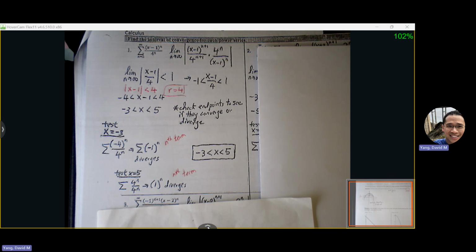Both -3 and 5 are going to diverge by the nth term test. The limit of my resulting series won't go to 0, won't approach 0.